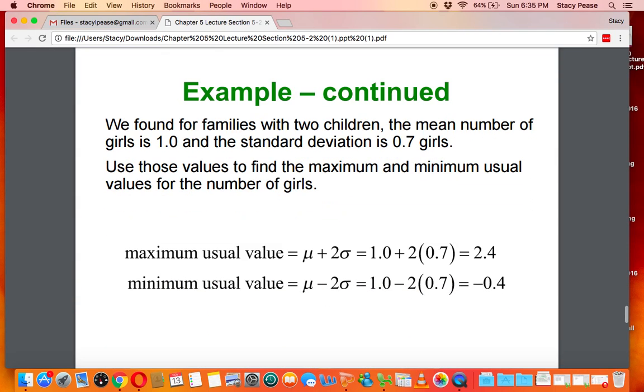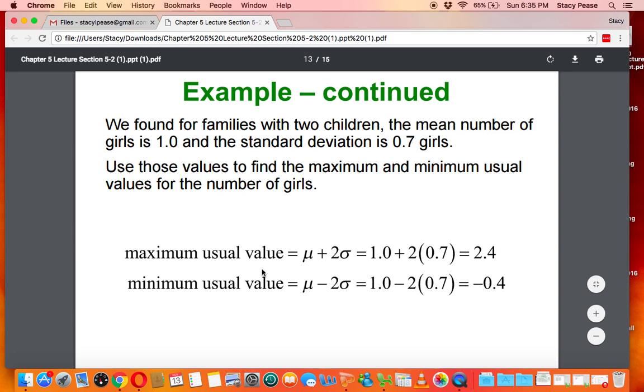Okay, so let's do a range rule of thumb example from this section. Using the previous table that we had been looking at, we found that we had a mean number of girls of 1 and a standard deviation of 0.7. Using that, we're going to calculate a minimum and a maximum number of girls. Again, your maximum is your mean plus 2 standard deviations.